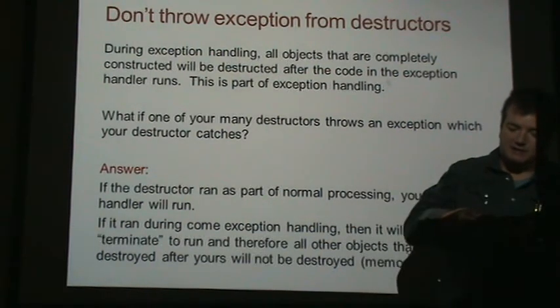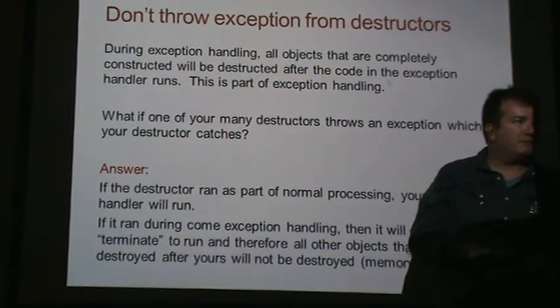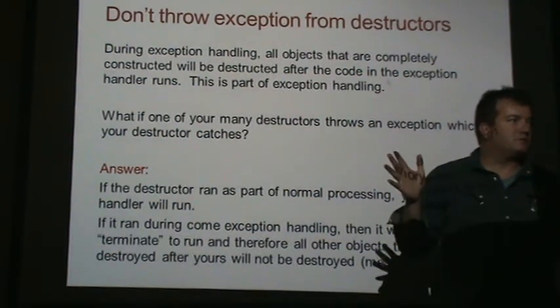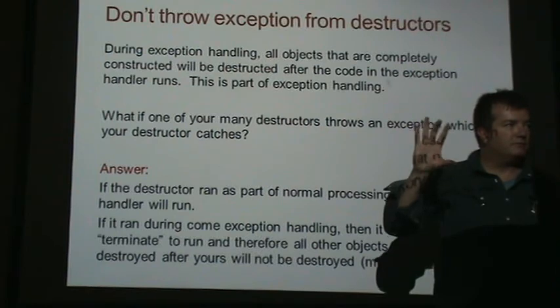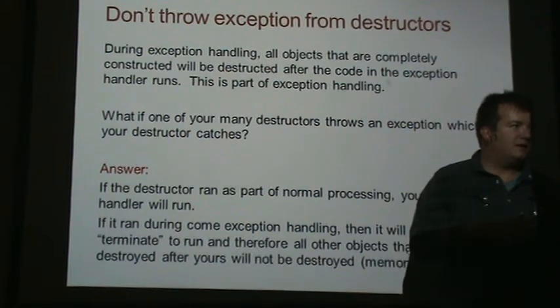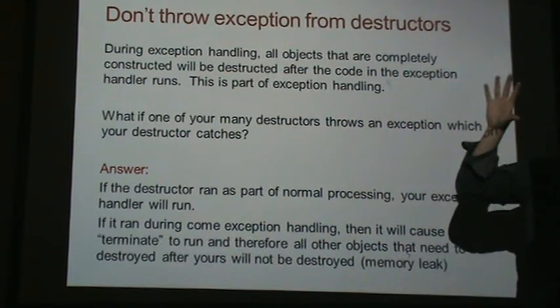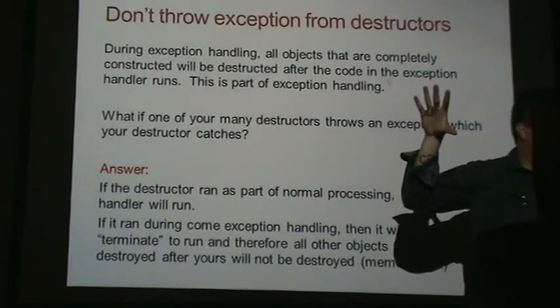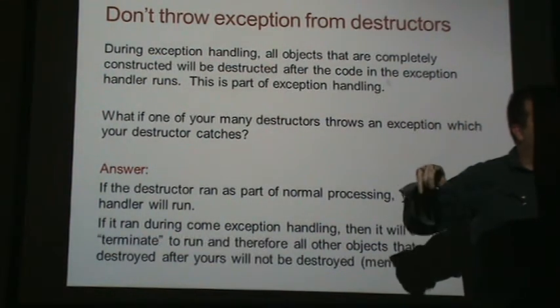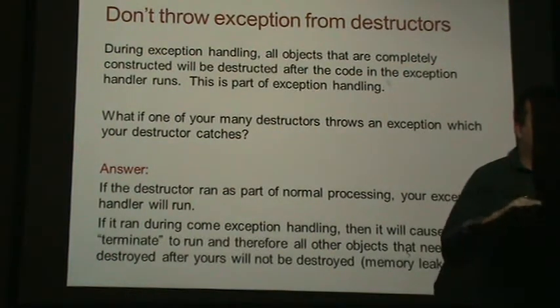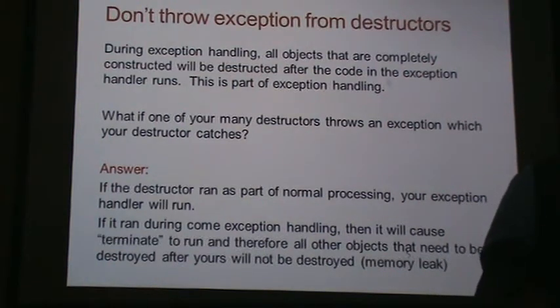You run to your catch block, something runs, and now you're at the bottom of your catch block, which is usually just a close paren. Maybe do some more processing, but usually the bulk of your block is done. When you hit the close paren, all the objects created in that try block are destroyed. So all the destructors start running, and you're still in exception handling mode. That's part of the exception handling, to destroy all the objects that were created in that try block.